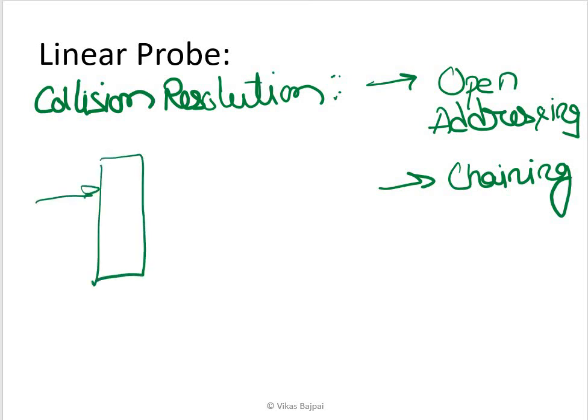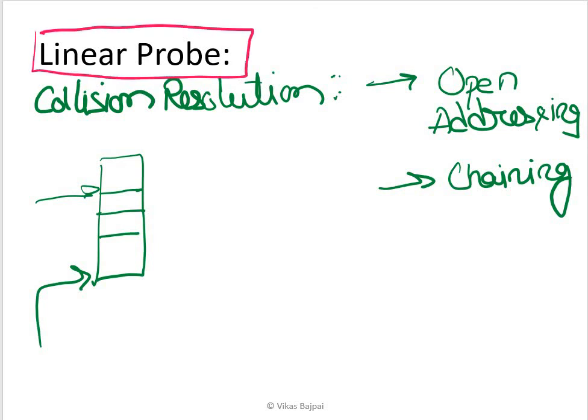That means my key has pointed to a particular location, but I am deliberately keeping it in a different location. And this can be done using linear probing, where a linear search is used to find an available slot, and finding an item also will involve this particular linear search.